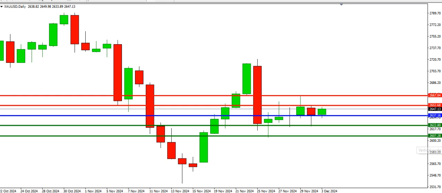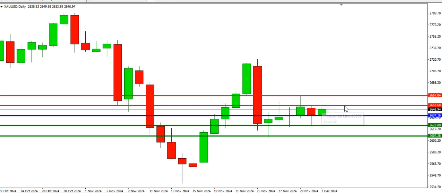So what we can see on the chart is that price opened above the pivot line, which is at 2637. Price opened at 2638, dropped below the pivot line and bounced back, and now prices are almost testing 2652.